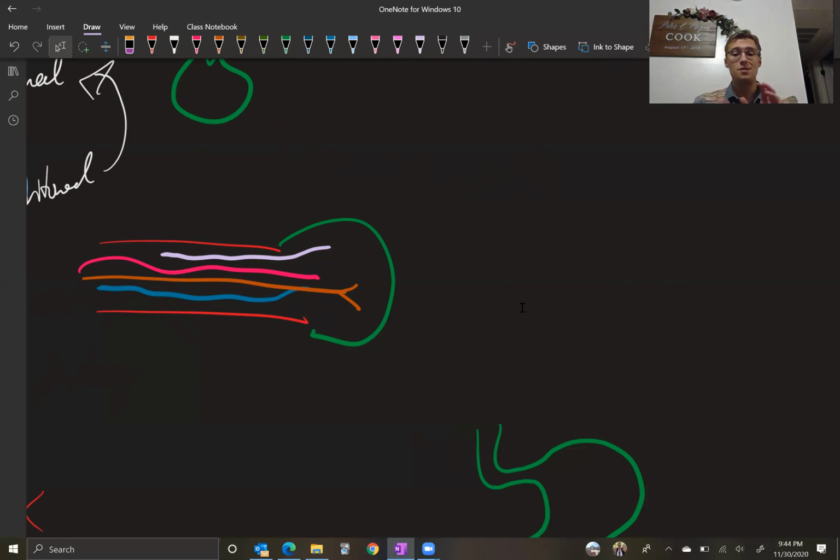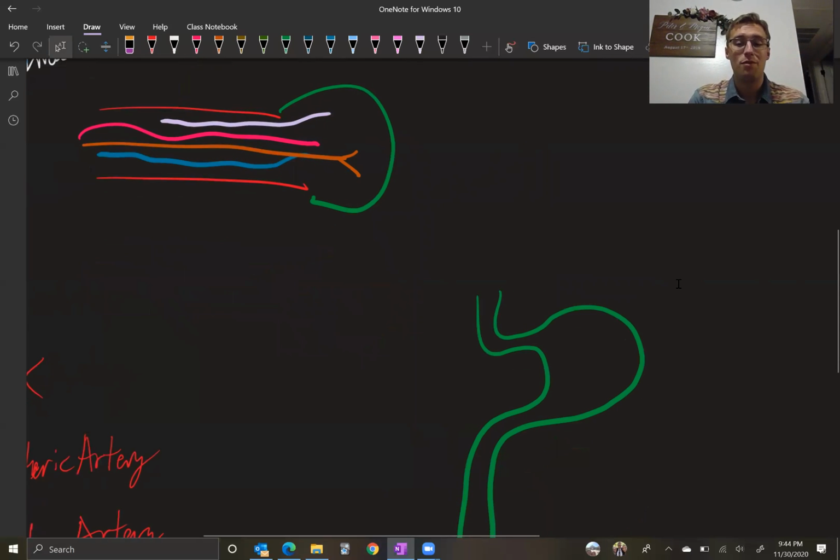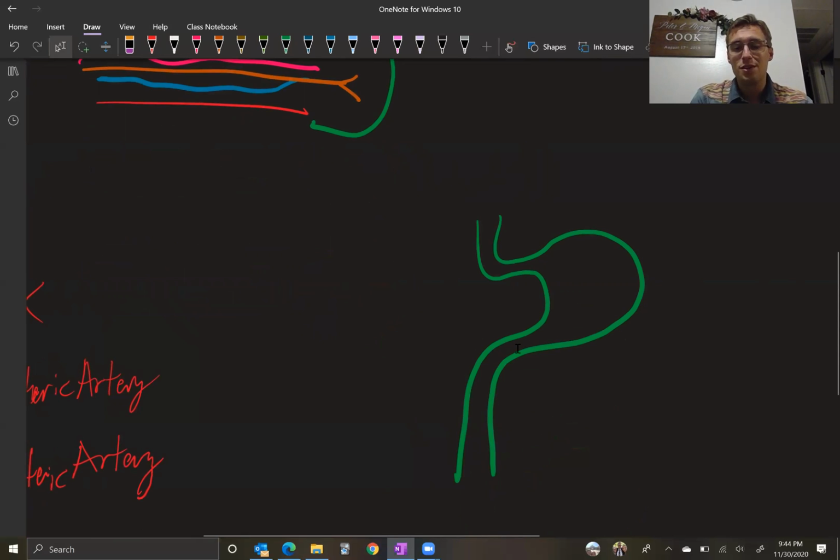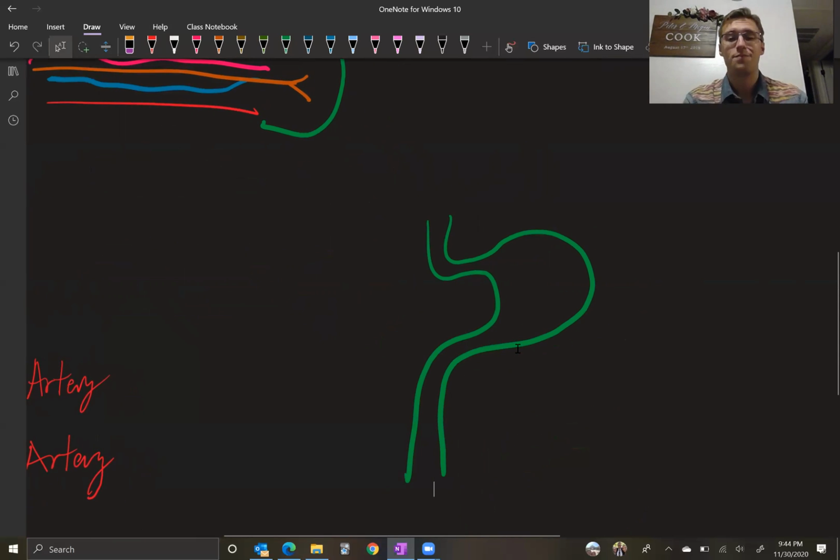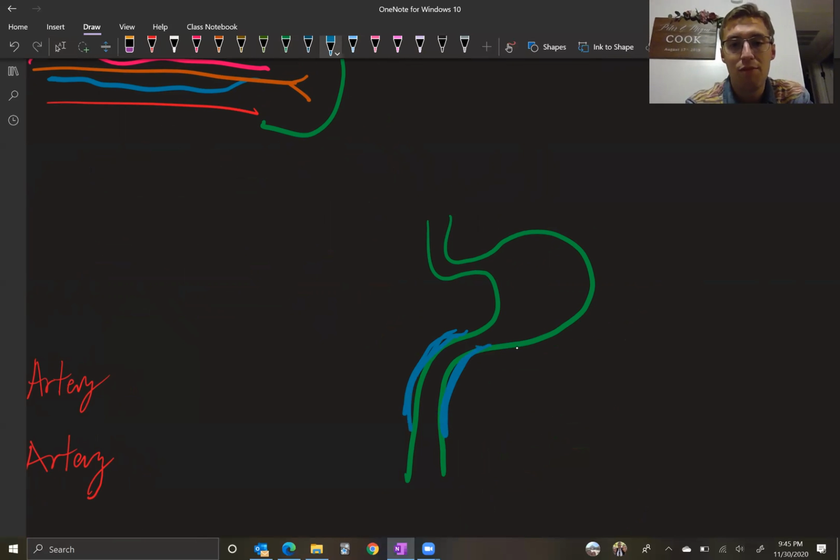But that rotation as well, if you remember, like I talked about before, just below the stomach, we have the duodenum. We'll just outline it for now in a nice blue. Right here, below the stomach, we have that duodenum that's going to be forming. And remember, the first half of that duodenum is part of the foregut.